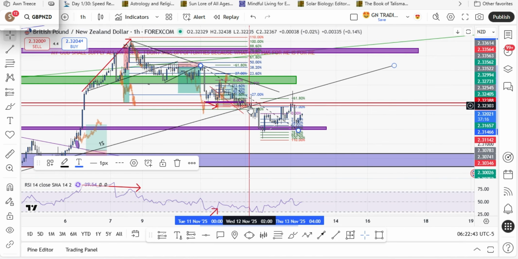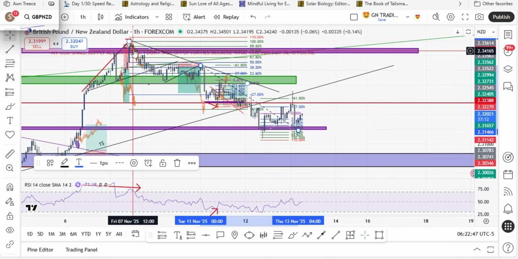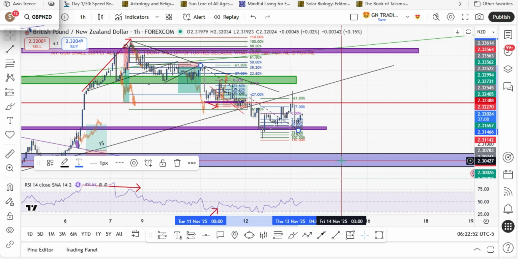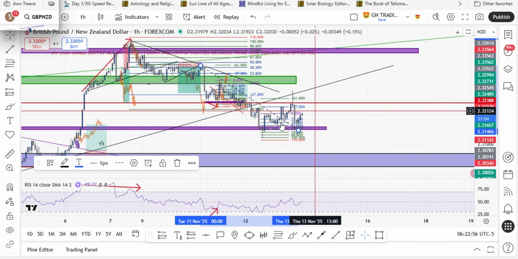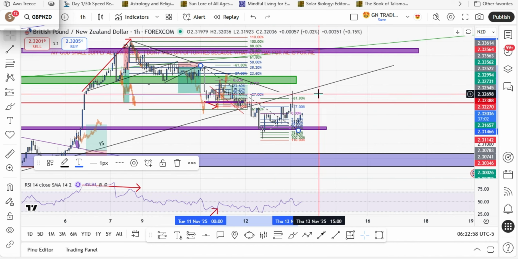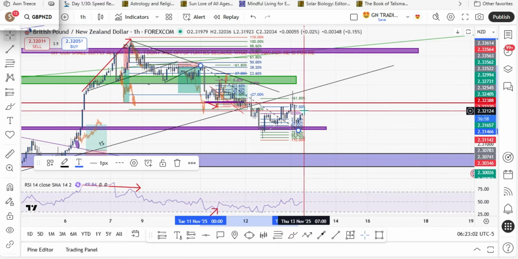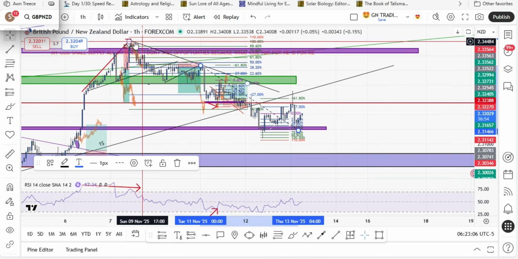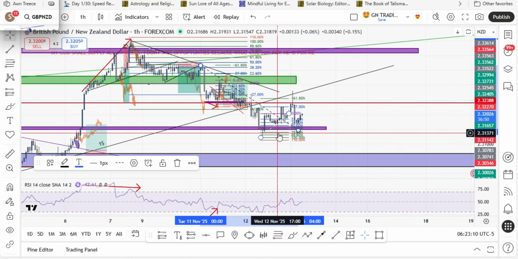All right, so usually for the break and retest that does, okay, yeah. So it looks like this is an impulse correction and it's going to continue down, but right now it is correcting. So it could go back up and form a small uptrend here before it goes back down, but this is the impulse.